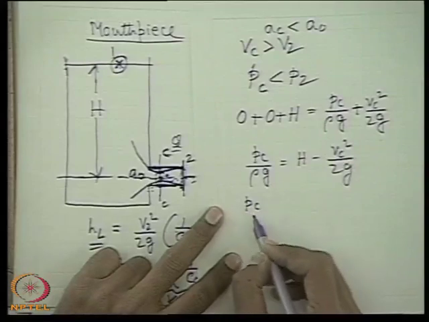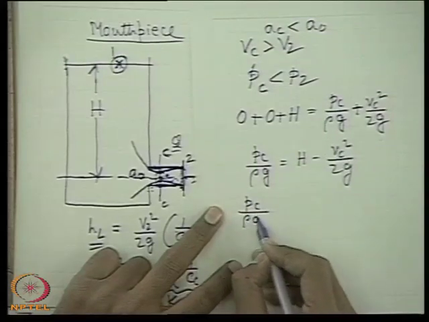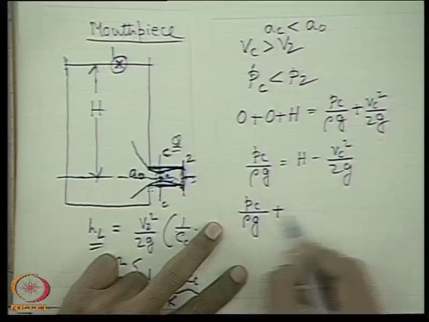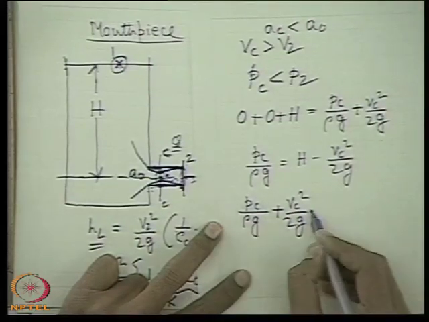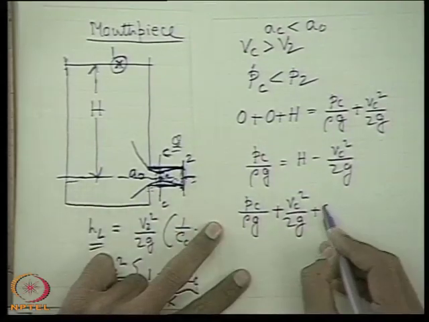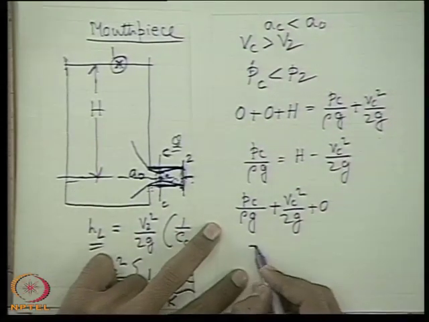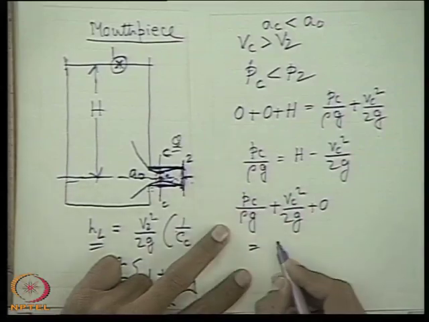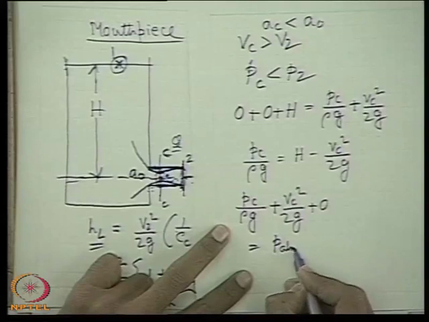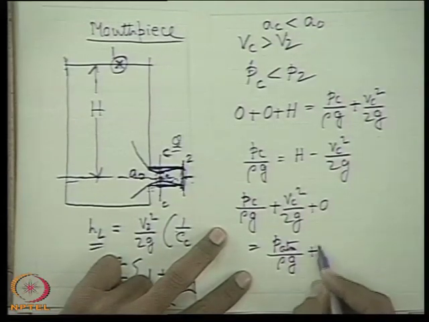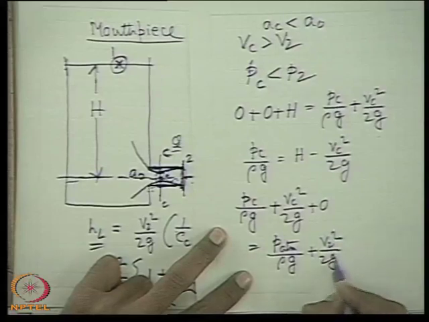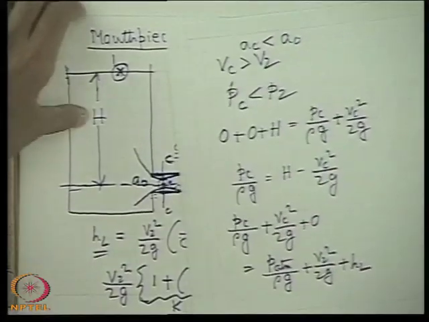So you write PC by rho G plus velocity head VC square by 2G plus, let this line be the datum line 0, and you equate it with point 2 at any point in this section. This will be the atmospheric pressure. Let me write P atmospheric, that means PC I express in absolute, over rho G plus V2 square by 2G plus HL.